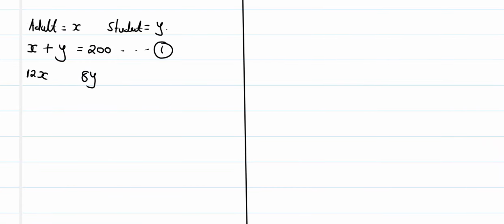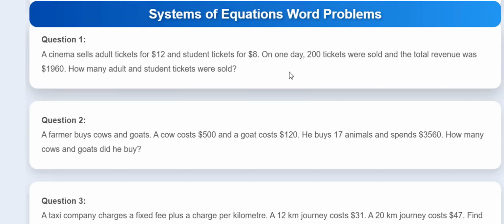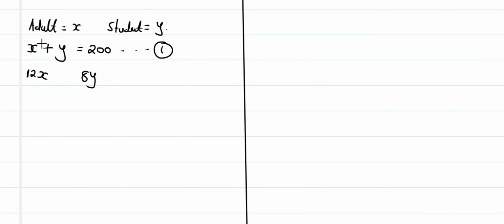But then you are told the revenue was 1960. So the amount of money collected when adult tickets were sold plus those of students was 1960. So if you add them, you need to get 1960.